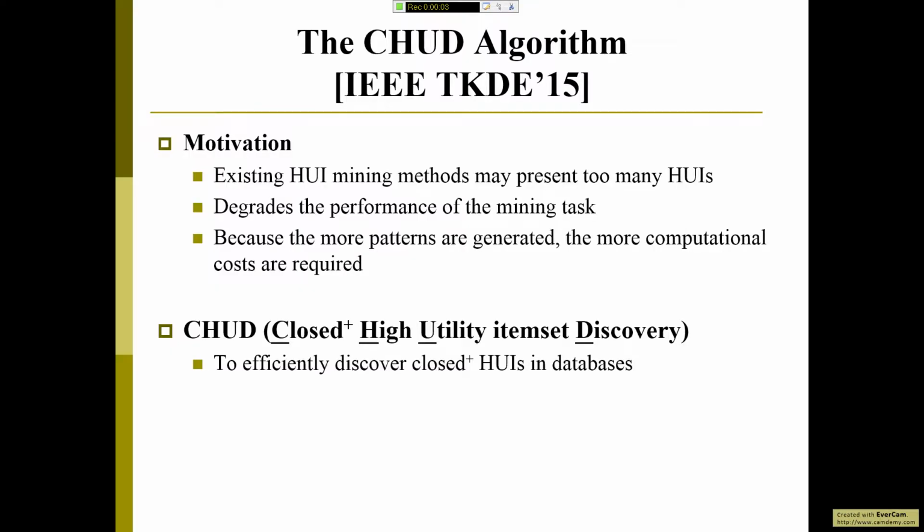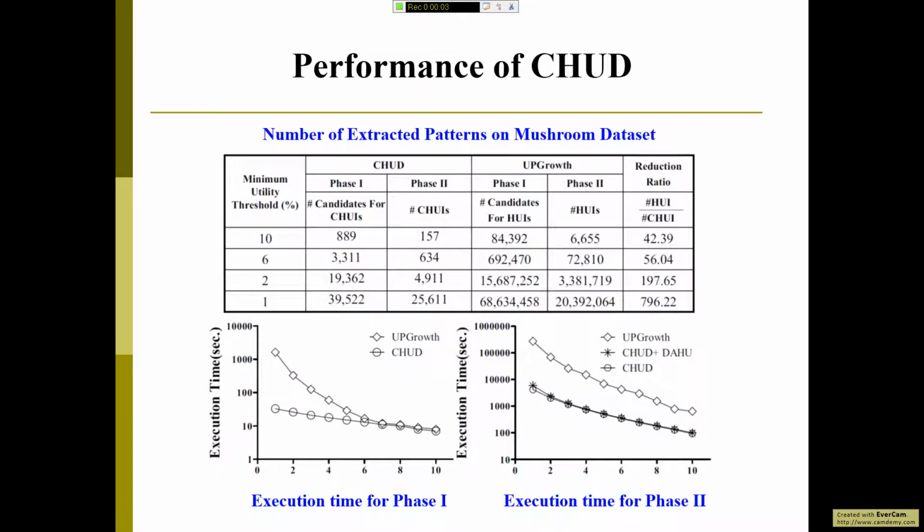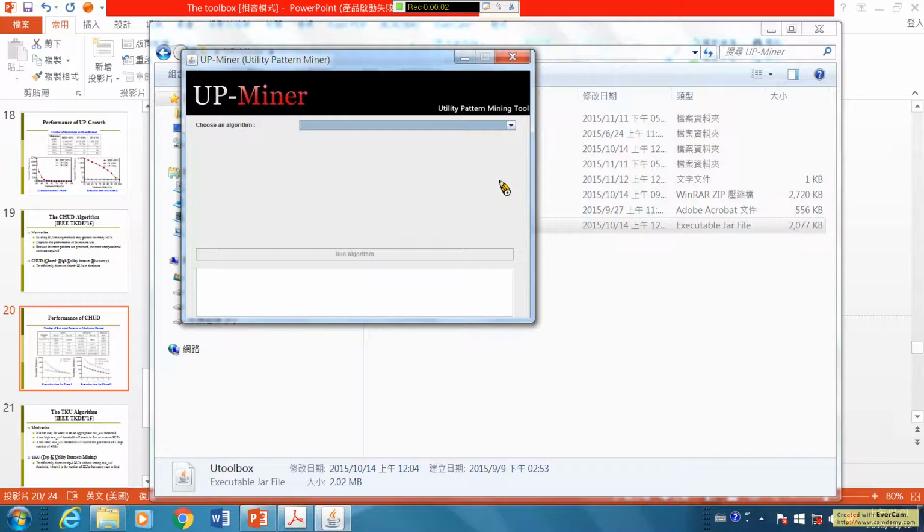To address these problems, CHUD is proposed to efficiently discover closed+ HUIs in databases. Experimental results show that CHUD achieves significant reductions, for example over 700 times, in terms of the number of extracted patterns. Besides, it's also faster than UP-Growth. The data format for CHUD is the same as UP-Growth.